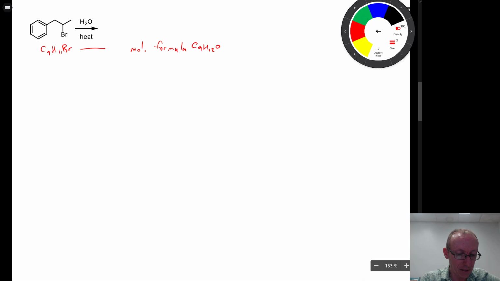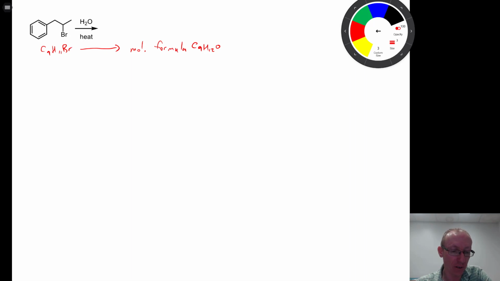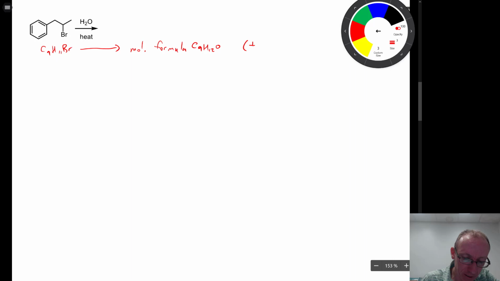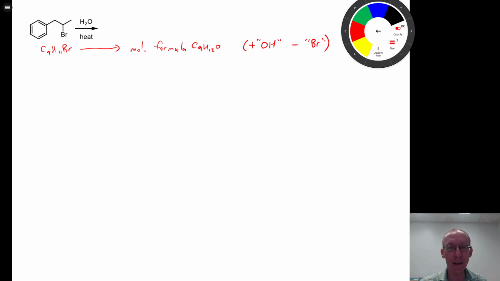Now, in going from this to that, we must be adding an oxygen somehow and 1 extra hydrogen overall. And so, we've added plus OH and lost Br. So I don't think it's too much of a stretch to think that we've replaced the bromine in the starting molecule with an OH group.